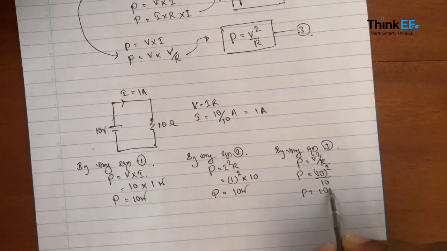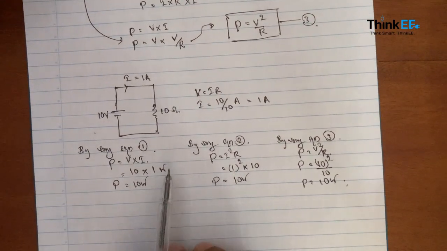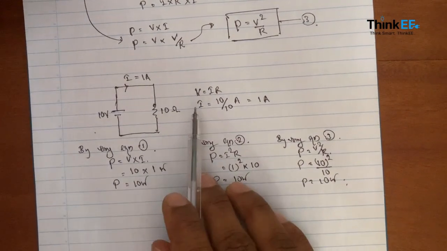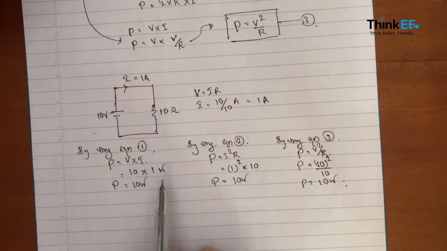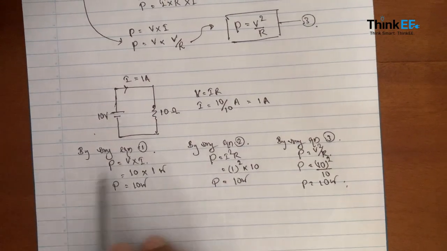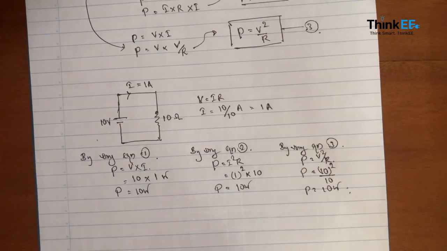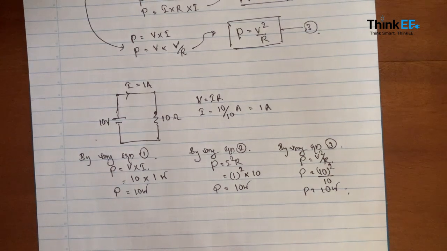This gives again 10. You can see if we know any two of these voltage or current or resistance, we can find power of an electrical circuit by using these three equations. I think you have understood this simple concept.